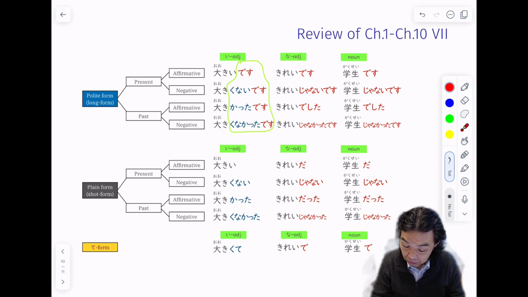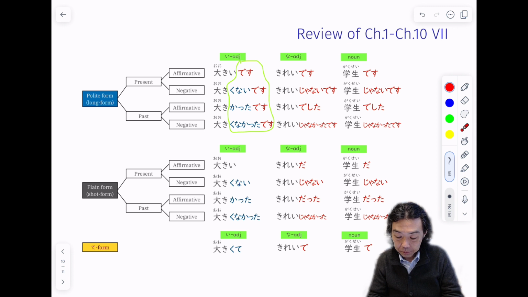So you just have to know these things, and once you remember, all the adjectives behave the same way.